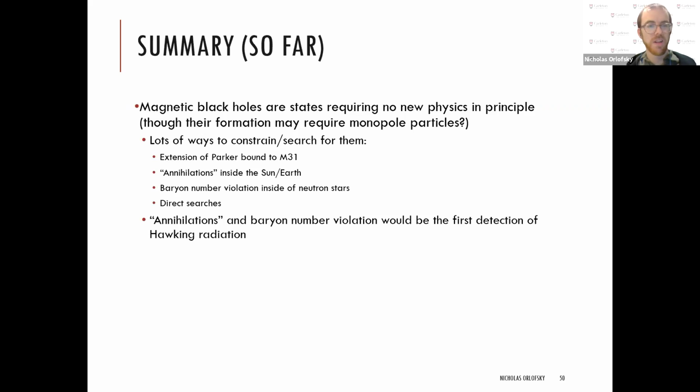Just to summarize, what I've told you so far is that black holes are interesting new states that in principle require new physics. Of course, their formation may require some additional physics, like GUT scale monopoles, or maybe some other more exotic way of producing them in the early universe. There are lots of ways that we can constrain them.